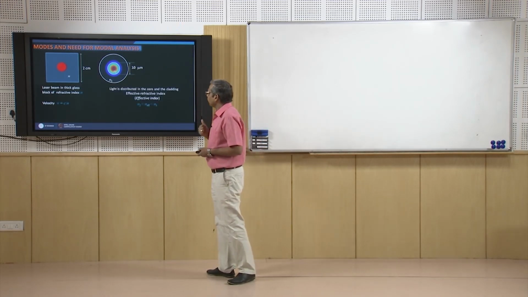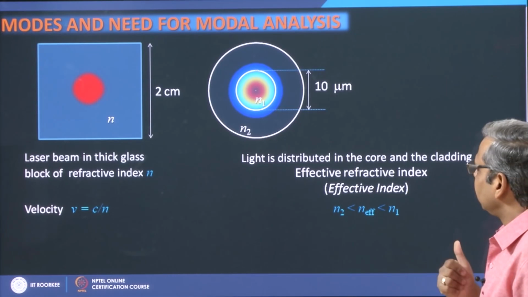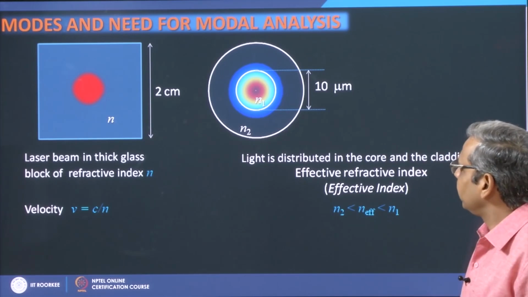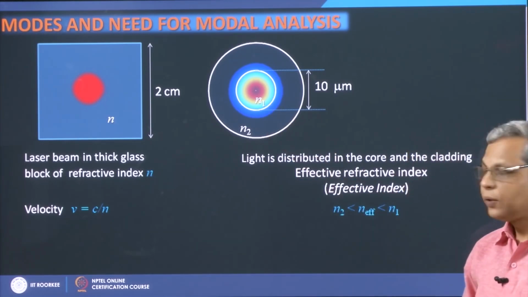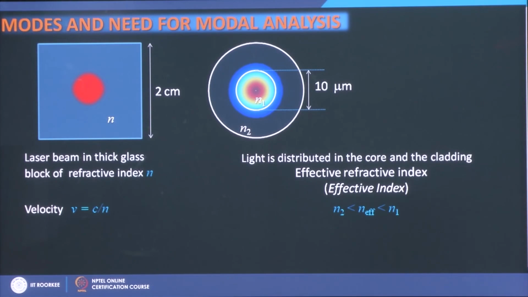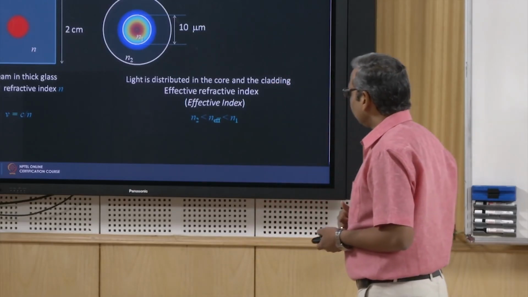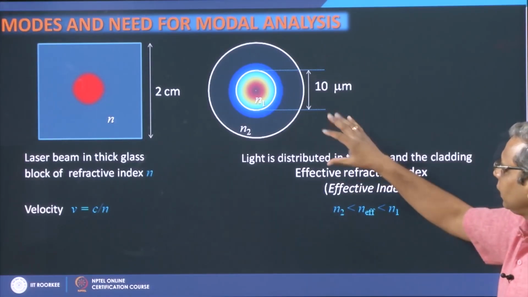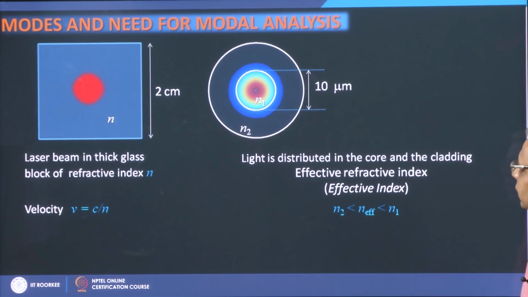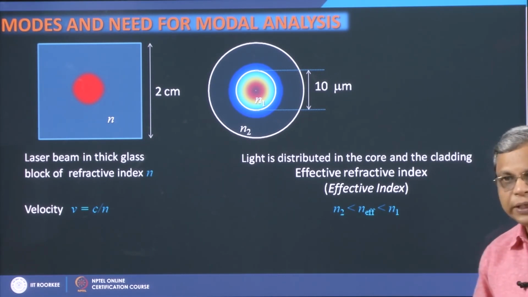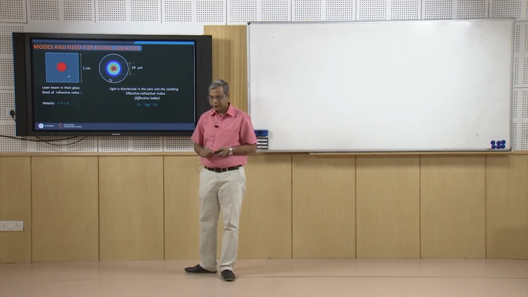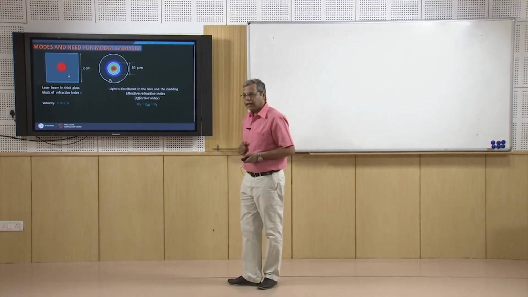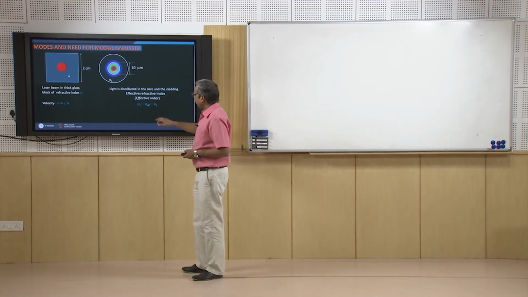Intuitively I can say that the refractive index that this field pattern will experience would be neither n1 nor n2, but somewhere between n2 and n1. And this effective refractive index experienced by this particular shape is known in short as effective index. So, from now onwards I will just call it effective index and represent it by n effective.